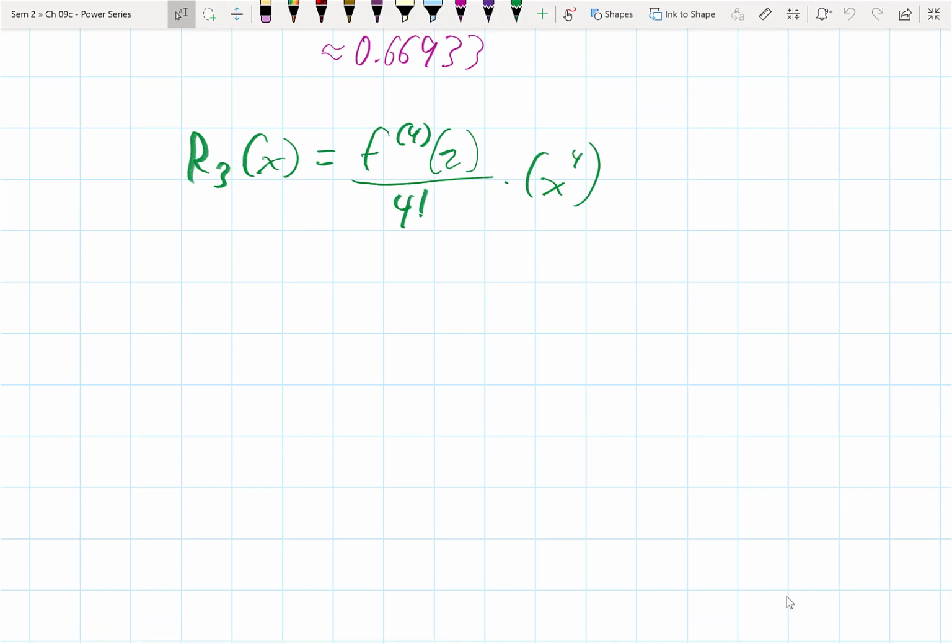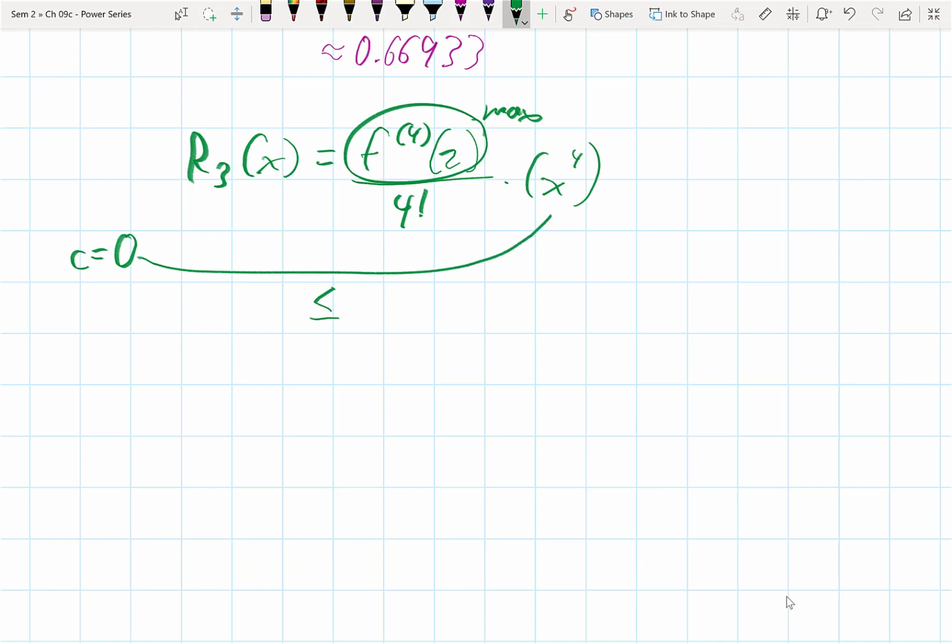Remember, this is what the remainder is equal to, and what we're going to try to do is set this remainder less than or equal to some max value of what that would be. It's also sometimes helpful to set your c value. This is only true when c is equal to 0, because then it's x minus 0. And z here, we don't know. That's not the point. I want to figure out what f of z is. And x here is 0.4. Oh, sorry, negative 0.4.